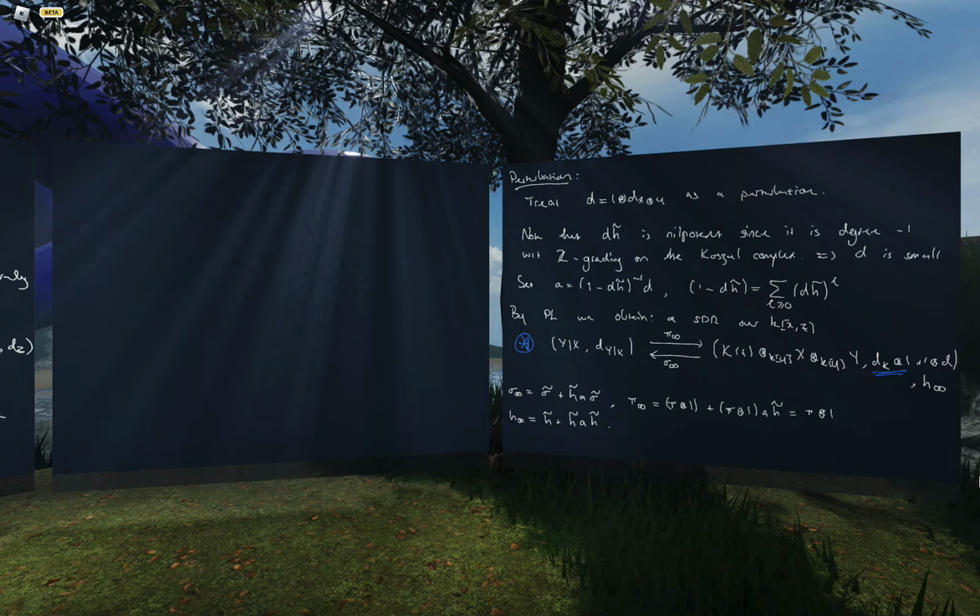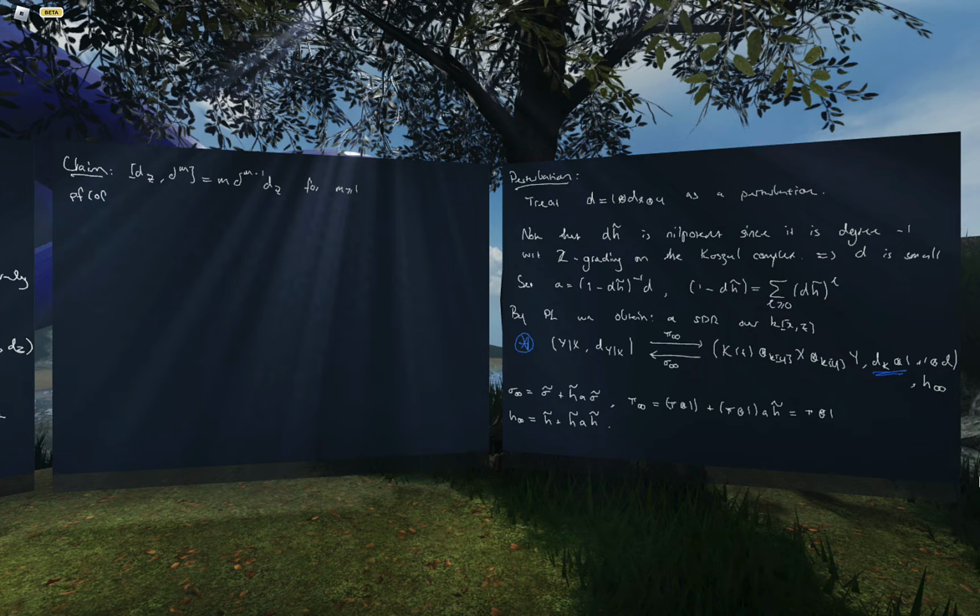Okay, so our first goal is to show the following, for all m greater than or equal to 1.